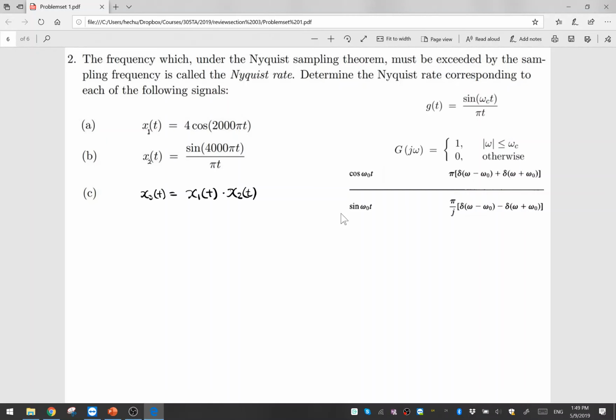Another very good thing to know is that sometimes you have the addition or summation of cosines and sines, but sometimes you have sine of something over something. So whenever you see sine of something t over t, the thing that should come to your mind is that in the other domain it is a square wave, a centered square wave.